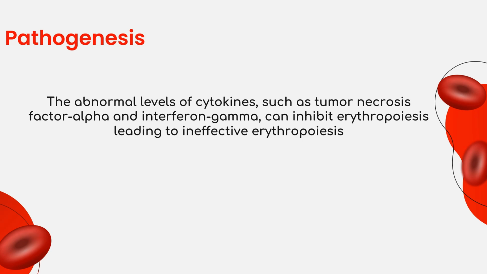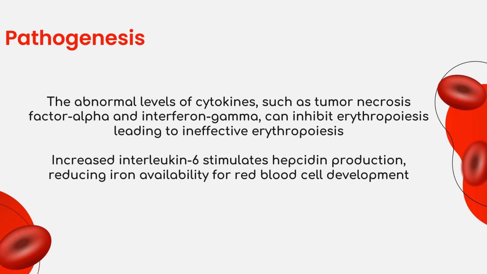But here is the twist. Increased levels of interleukin-6, stimulated by the malaria infection, stimulate the production of hepcidin in the liver. Hepcidin, in turn, reduces the availability of iron, a crucial component for red blood cell development. This scarcity of iron compounds the challenges of anemia in malaria-infected individuals.